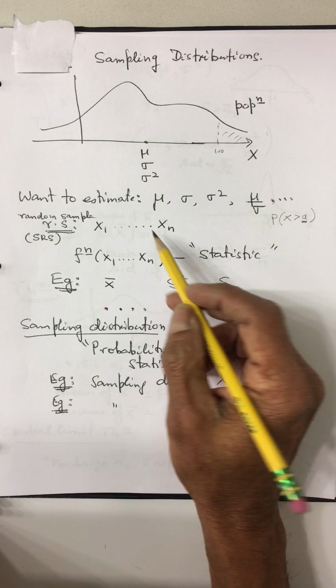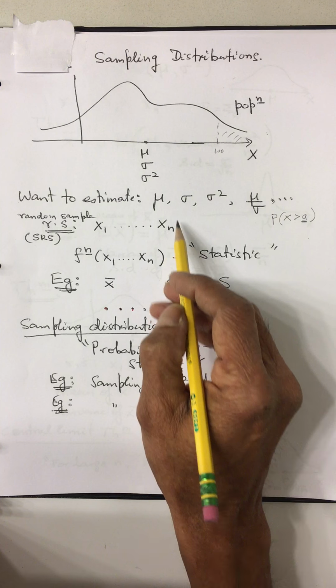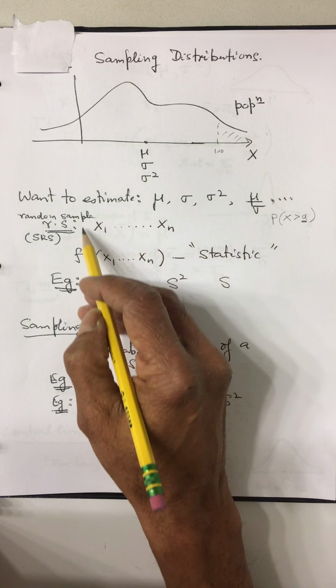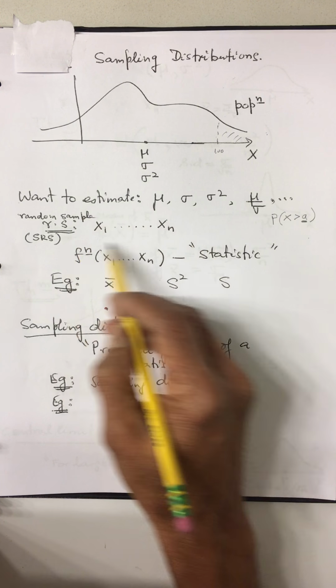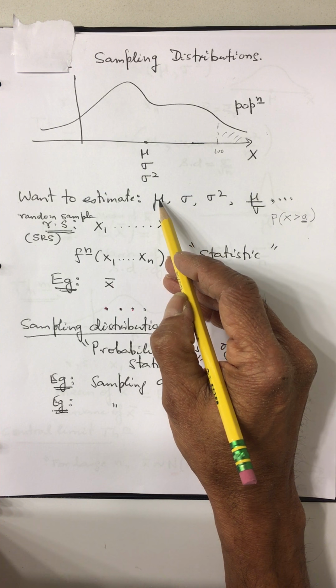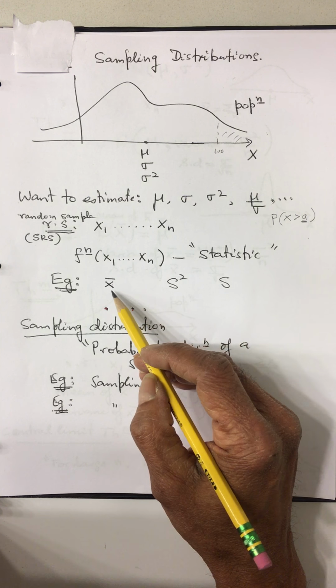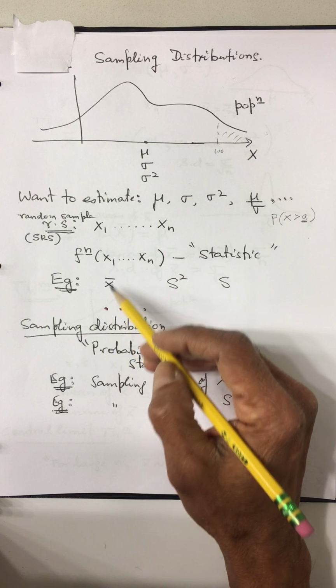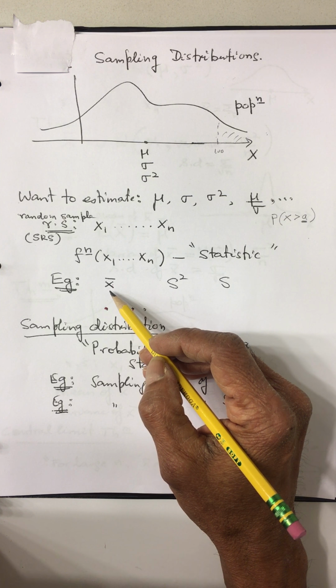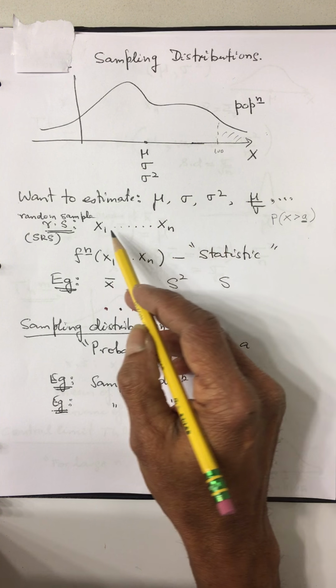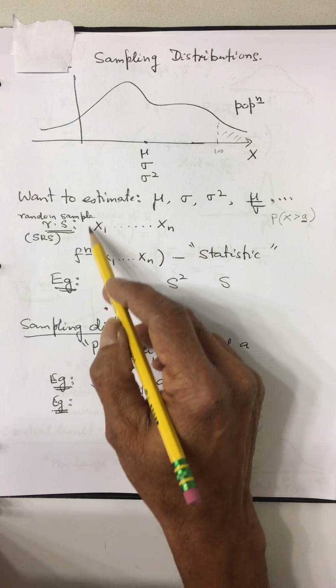Once we pull the random sample, we calculate a quantity out of it. Say for example, if you want to estimate mu, your estimate could be the average: add them up and divide by n. So it's a function of your random sample.